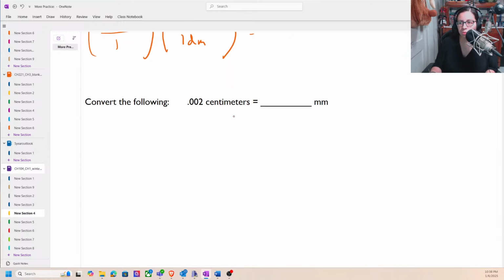All right, this last one is also pretty similar, right? And this could be one of those ones where you feel more comfortable because maybe you can look at a ruler. Well, I can easily see that there are 10 millimeters, right, in 1 centimeter. You could recognize centi is 10 to the negative 2, millimeters 10 to the negative 3.